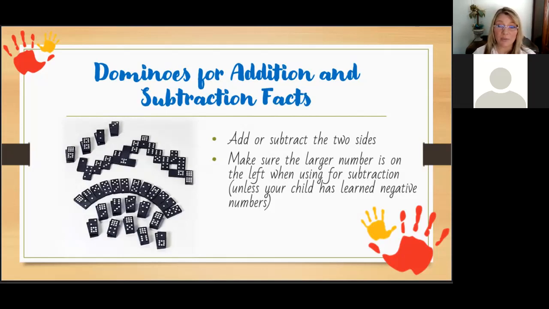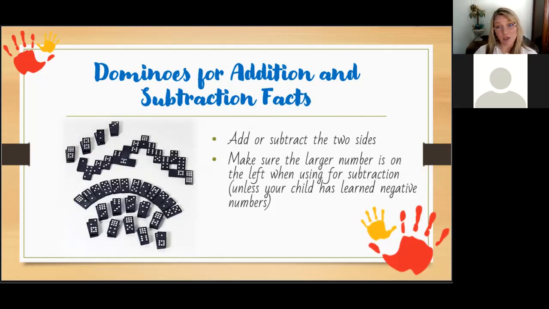If you are using the dominoes for subtraction, you just want to make sure that your larger number that you will be subtracting from is on the left side, unless, of course, your child has learned negative numbers. So again, this is a material in Math Kit 1 that you can pull out later on when your child is in Math Kit 2 and use in a different way.